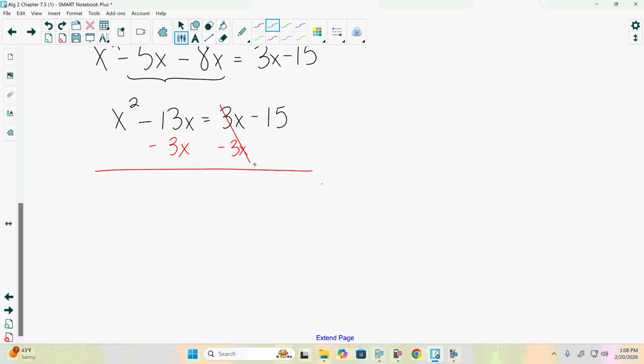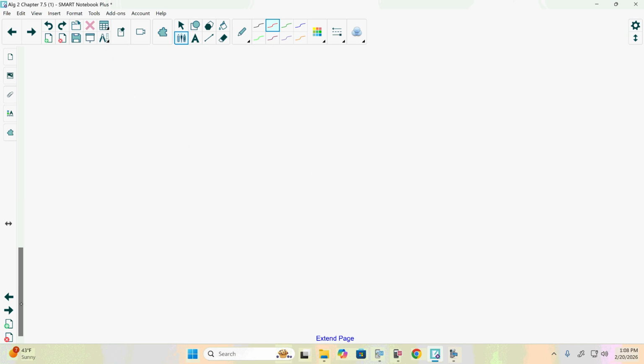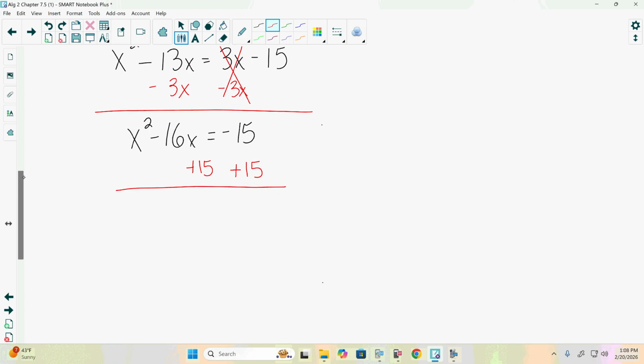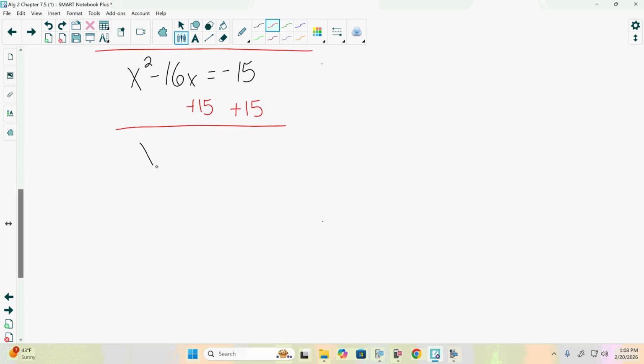So the first thing we can do is subtract 3x. Then we can add 15. Giving us x squared minus 16x plus 15 is equal to 0.